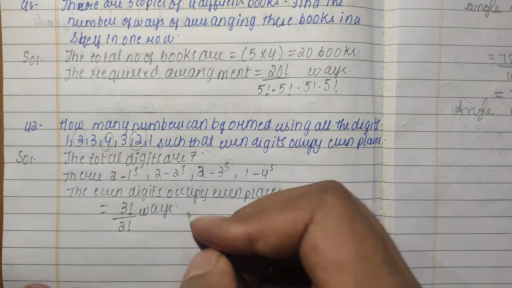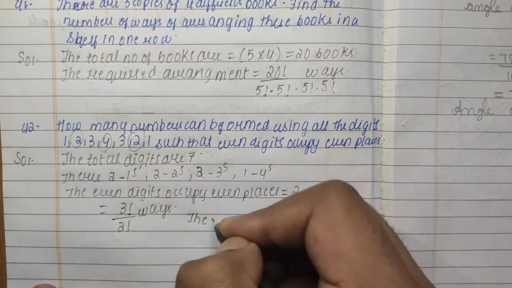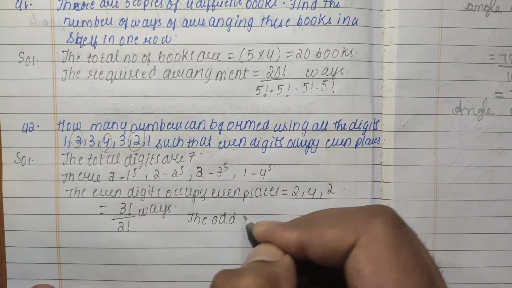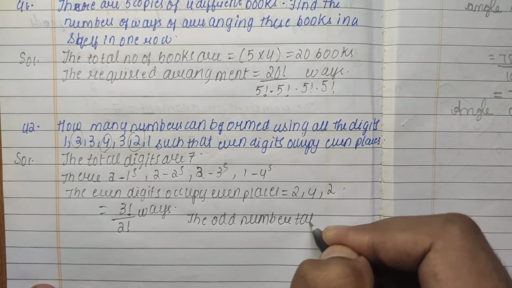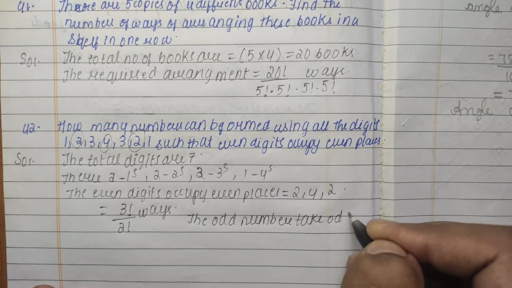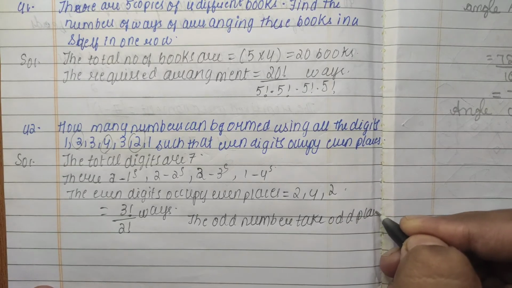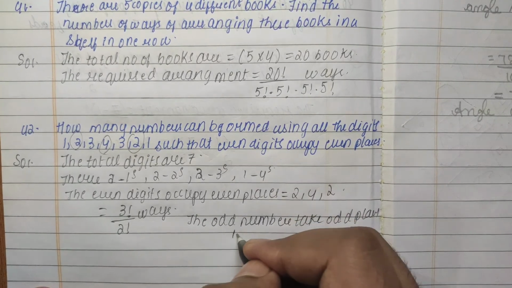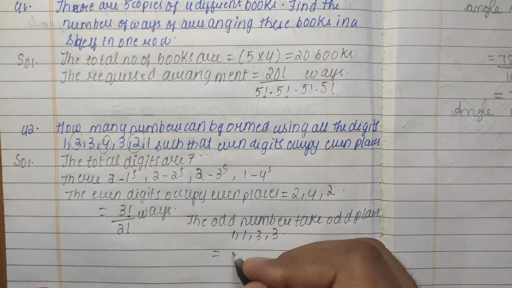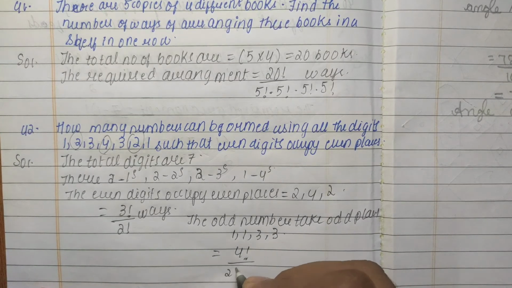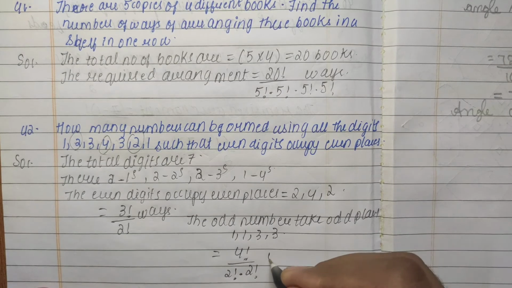In the same way, the odd numbers take odd places, that is 1, 1, 3, 3, that is 4 factorial by 2 factorial into 2 factorial ways.